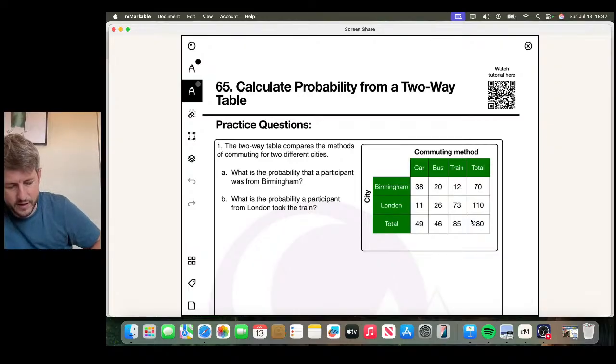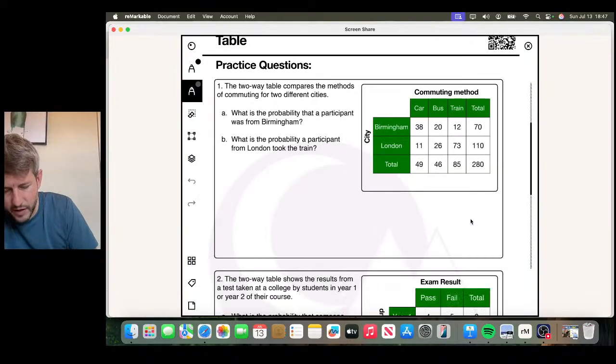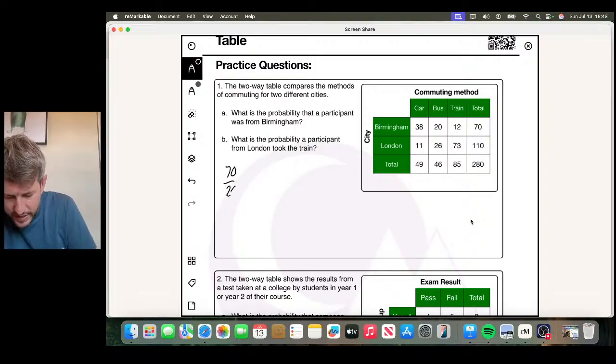So the answer to A is going to be 70 out of 280. It doesn't say to simplify this, so you don't have to.